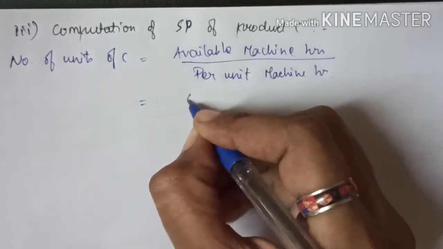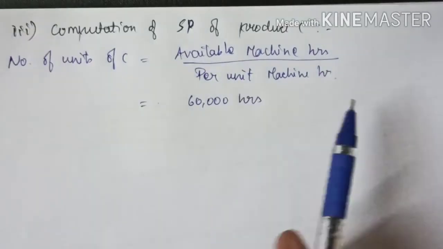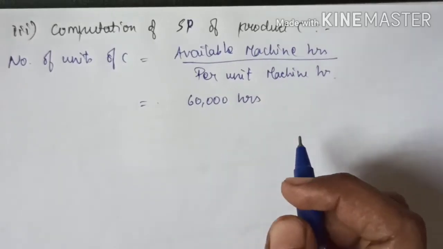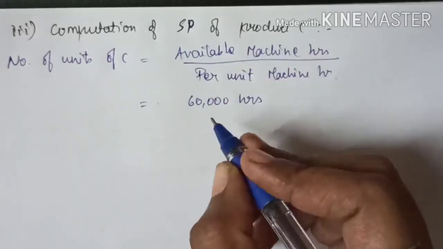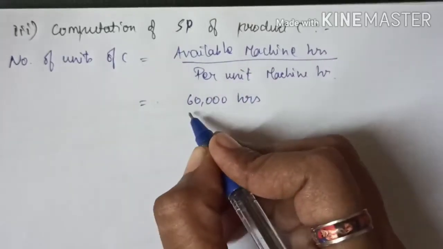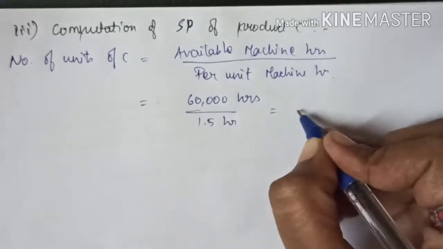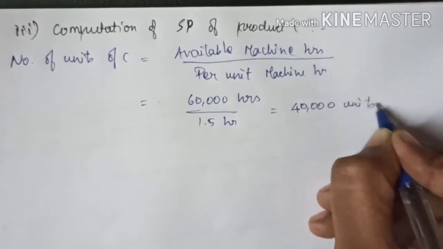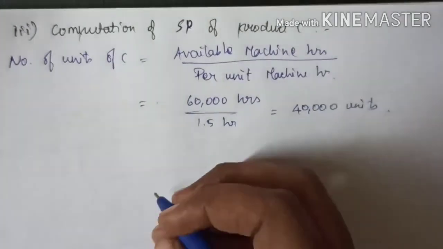Available machine hours is 60,000 hours. In the working note, we saw that the hours available for P is 60,000. Now we have replaced P by C. So available machine hours is 60,000 hours divided by 1.5 hour. 40,000 units.